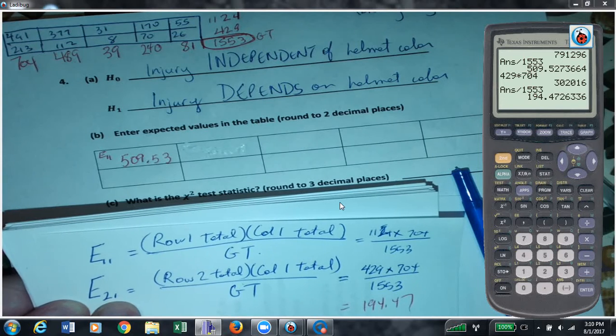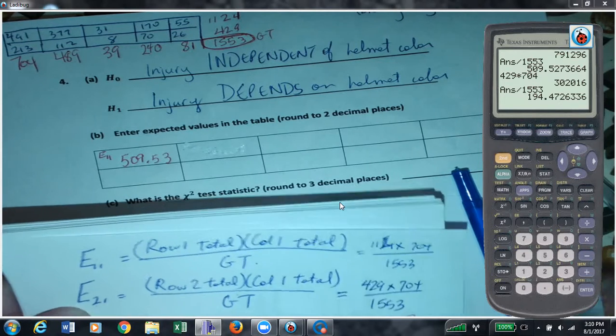So E21 is row 2, column 1, my expected value.